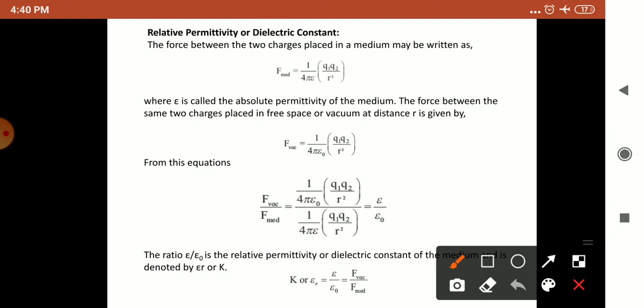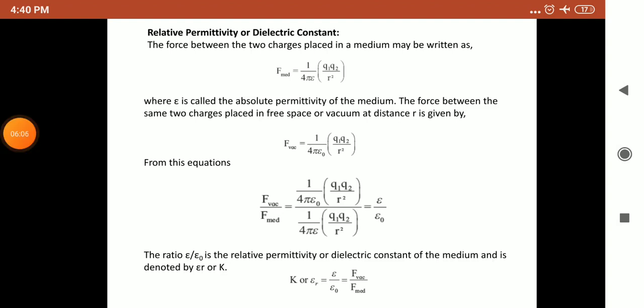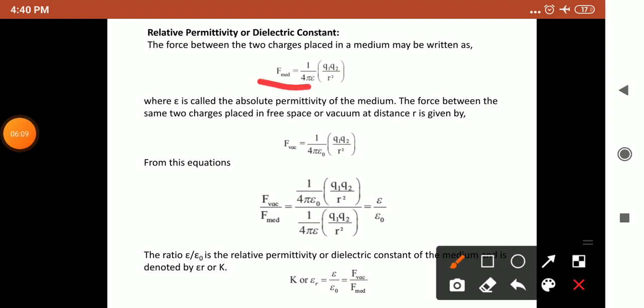So the force between the two charges placed in a medium can be written in this way: F medium is equal to 1 upon 4 pi epsilon into Q1 Q2 upon R square.